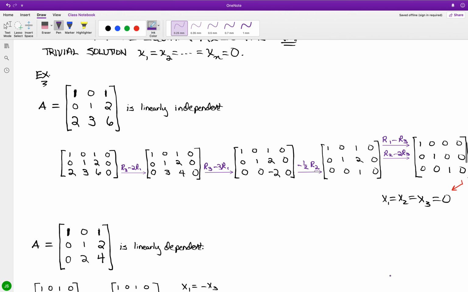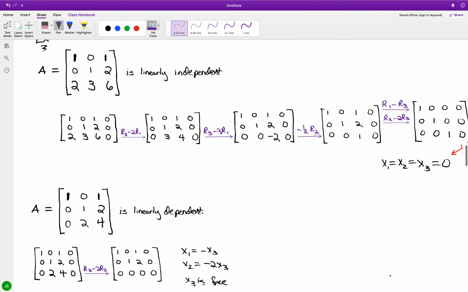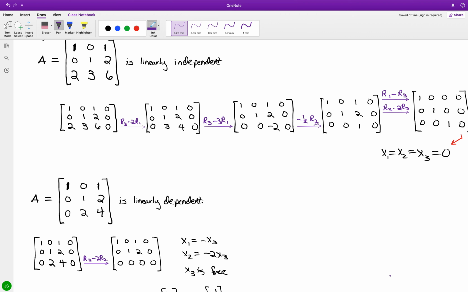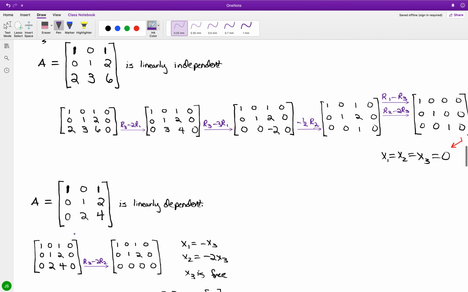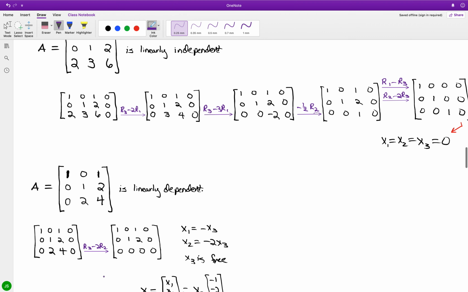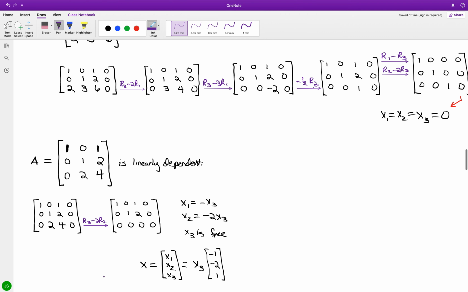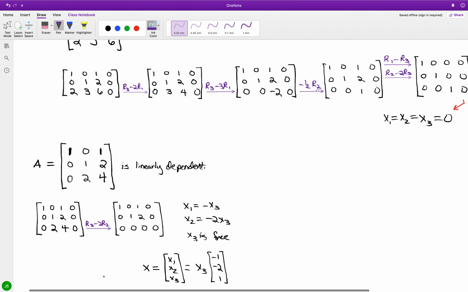Now, where we have linear dependence, we have 1, 0, 1, 0, 1, 2, and this time instead of 2, 3, 6, I have 0, 2, 4. If I perform reduced echelon form, instead of x1, x2, x3 all being 0, it turns out that in the reduced row form x1 equals negative x3, x2 equals negative 2x3, and x3 is free.